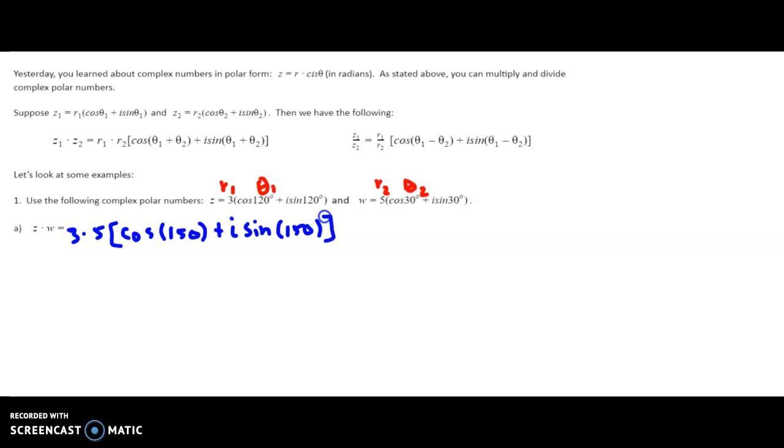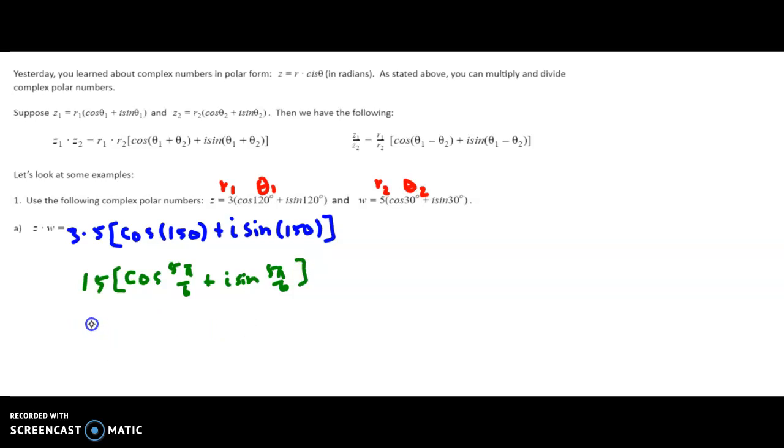And then from here, we just evaluate it. We know that 3 times 5, of course, is going to be 15. Cosine of 150, and just to make sure, I want to practice just putting it in radians for now. This is cosine of 5 pi over 6 plus i times sine of 5 pi over 6.